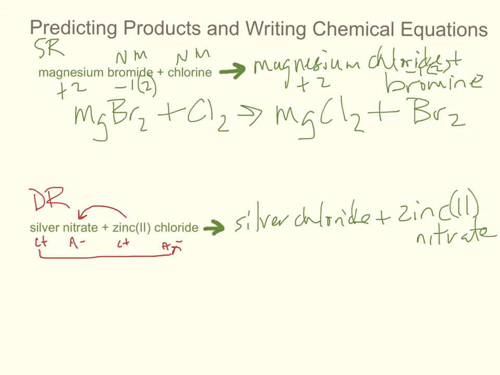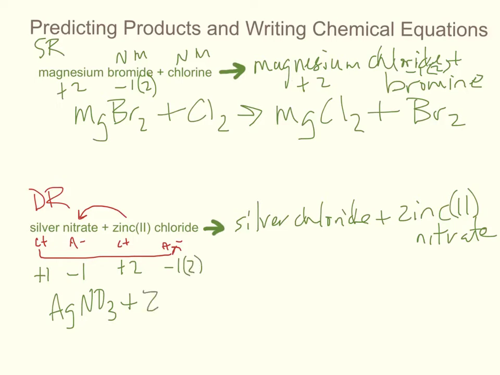All right, let's write it out in formula form. Silver is a +1, nitrate is a -1, so we're good there. So it's AgNO3 plus zinc. Remember, the Roman numeral tells me the charge for zinc. So zinc is a +2, chlorine is a -1. That means I need 2 of those.